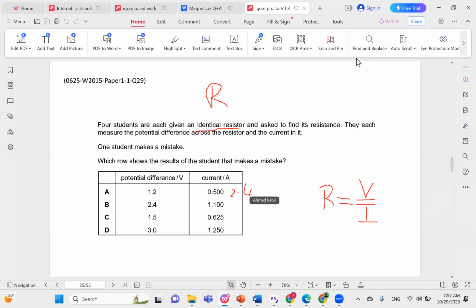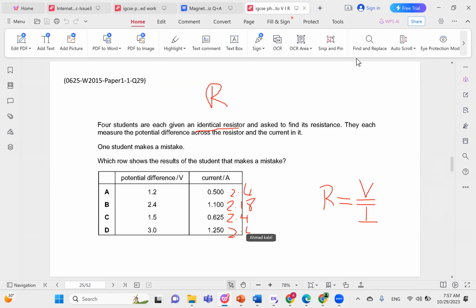2.4 divided by 1.1 gives us 2.18. 1.5 divided by 0.625 gives us 2.4. And 3 divided by 1.25 gives us 2.4 as well.